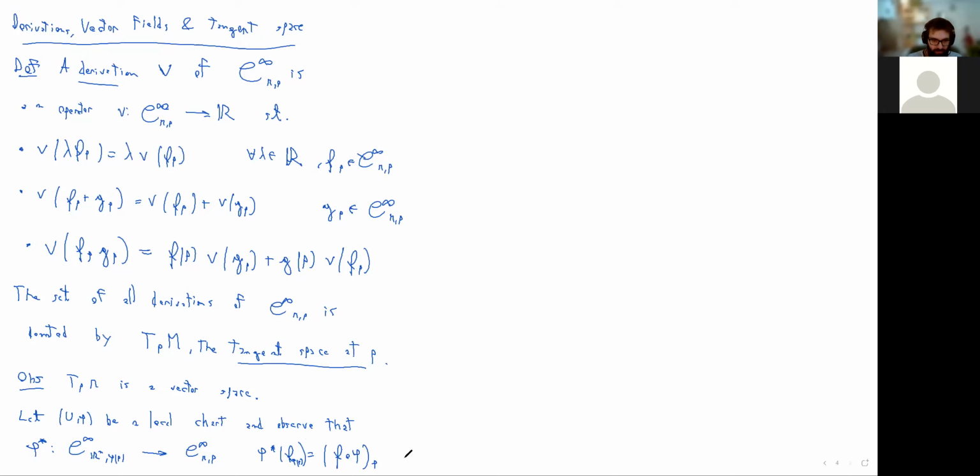We have that this map is a ring isomorphism. Yeah, so it's not just a morphism, it's actually a ring isomorphism. And you can see this because phi itself is a diffeomorphism. So we can go back and forth. The inverse of phi star would be phi inverse star going in the other direction.